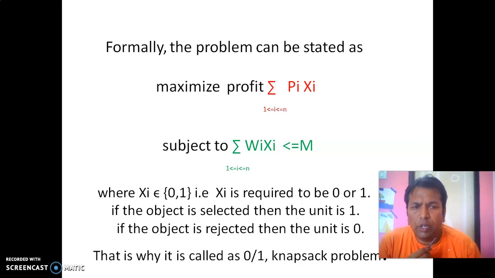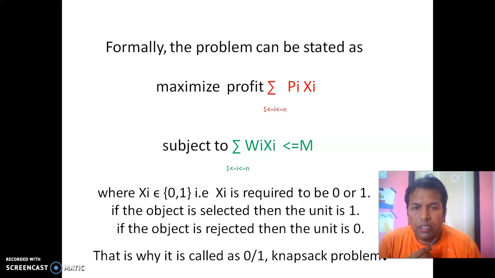Here three objects are there, so i values are 1, 2, 3: 1 representing the first object, 2 the second object, 3 the third object. The xi value is either 0 or 1.